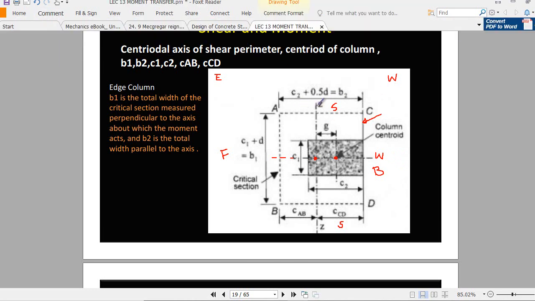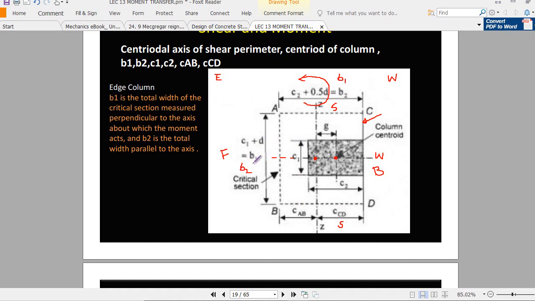Now here you see, let's say the moment is acting about the z-axis in this direction. According to this statement, B1 is the total width of the critical section measured perpendicular to the x-axis. Now here you see, according to this statement, remember, this B2 is now your B1, and this B1 is now your B2.